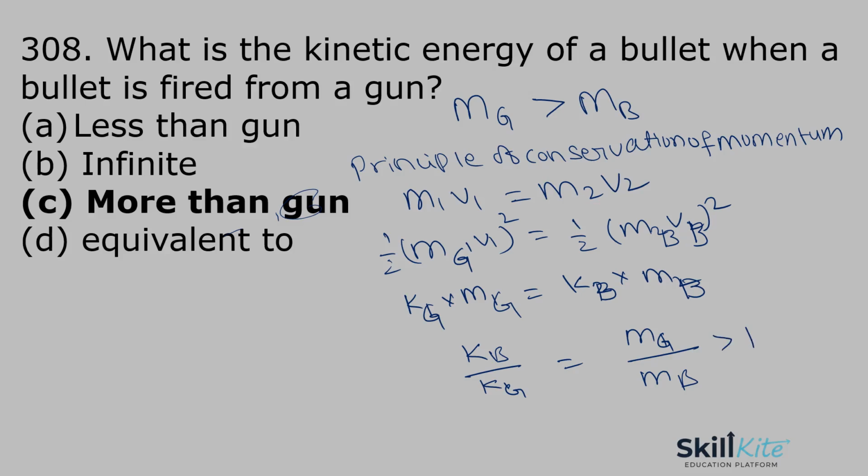So the kinetic energy of the bullet is greater than the kinetic energy of the gun.